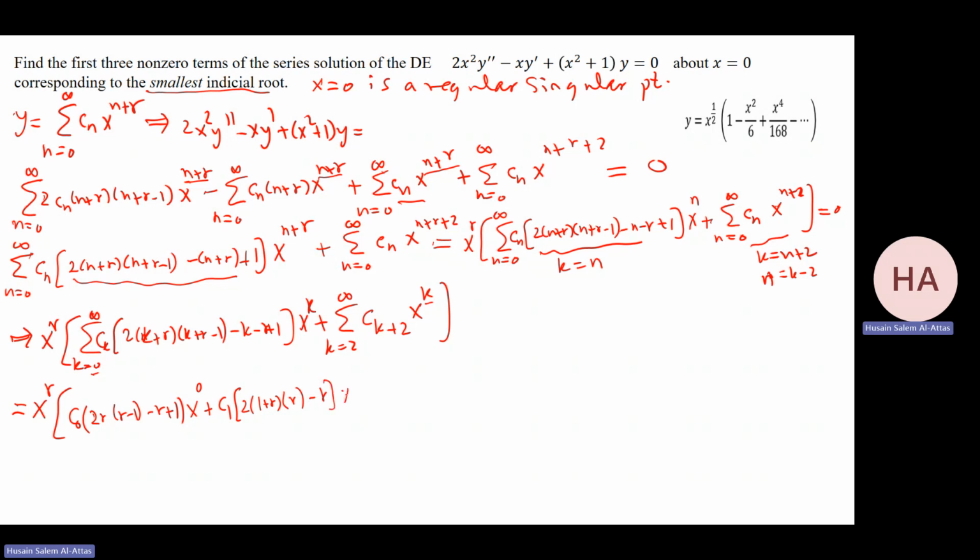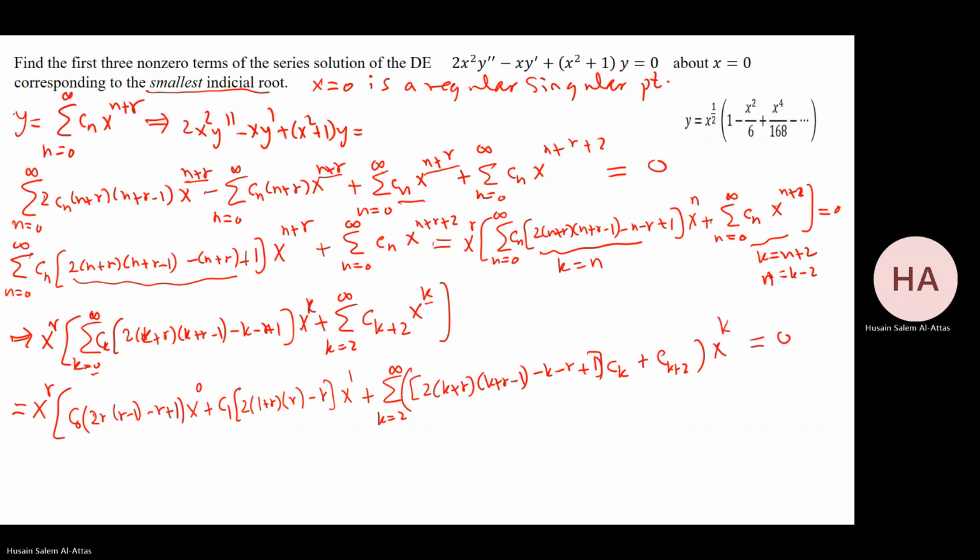All of this times x to the power 1, and the rest starting from k equal 2 to infinity, where I can combine these two series: Ck times 2(k plus r)(k plus r minus 1) minus k minus r plus 1, plus C(k minus 2), all of this times x to the power k. That is equal to 0.